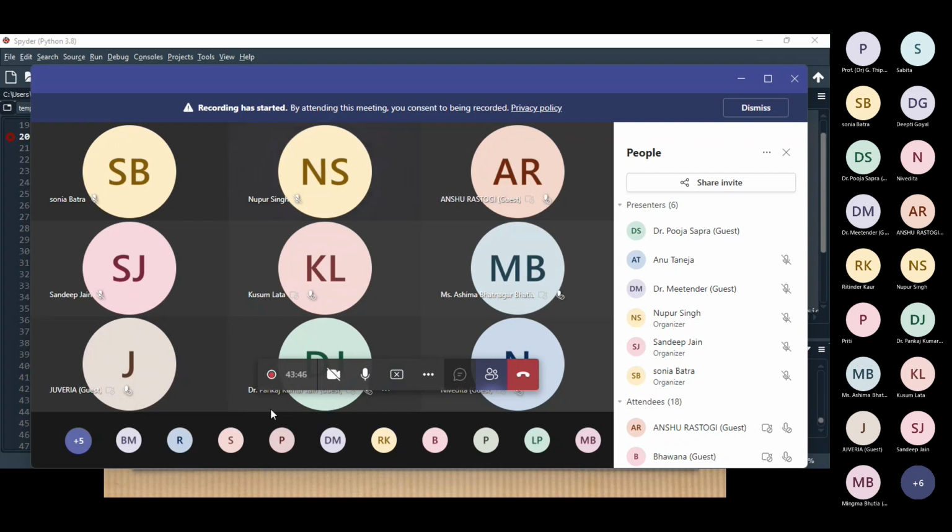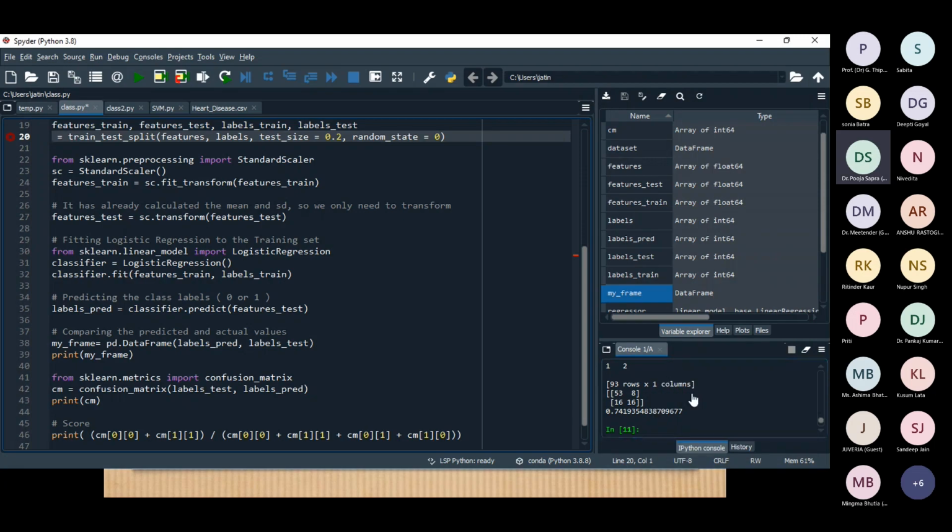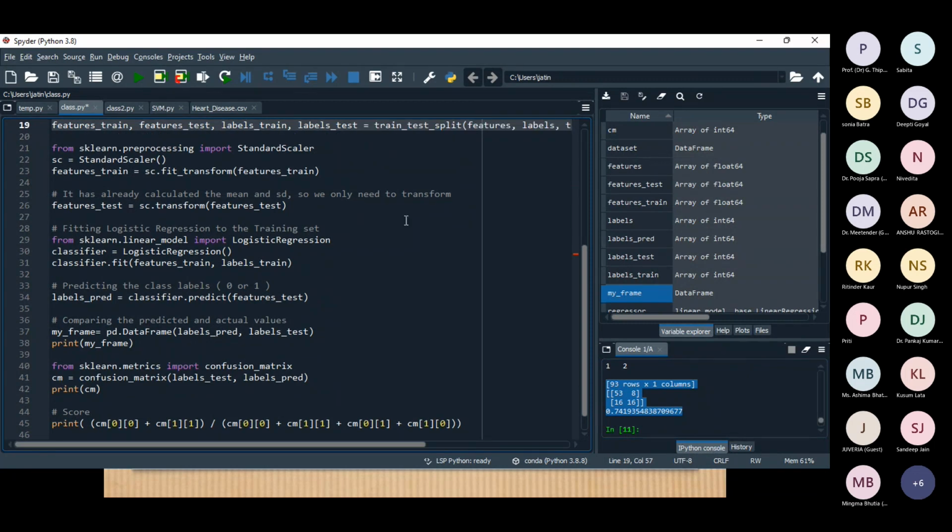Yes, ma'am. Okay, thank you. Others? So could we get it? The score and confusion matrix. I hope this should be the same for all because we have given random state equal to 0, right? This is something that we are going to execute and find out the values, right?